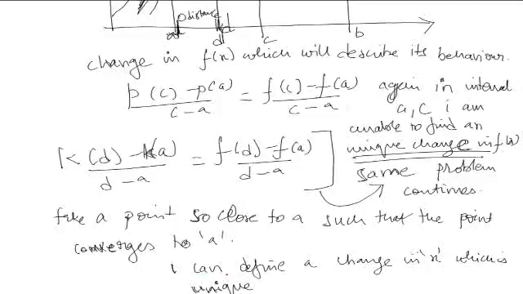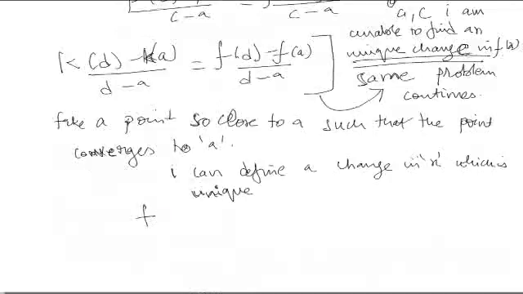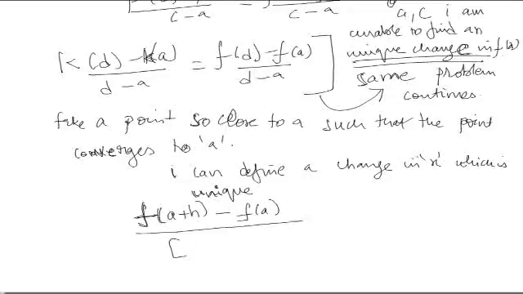Such a change will become like f of a plus h minus f of a by a plus h minus a. This will simplify to f of a plus h minus f of a by h, where h is the separation between the point and a.